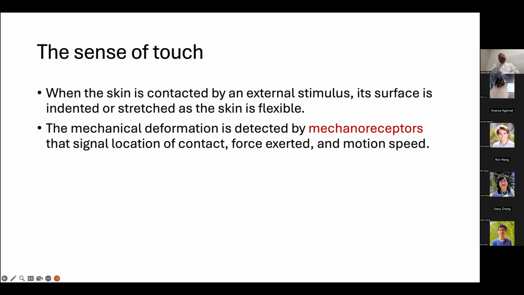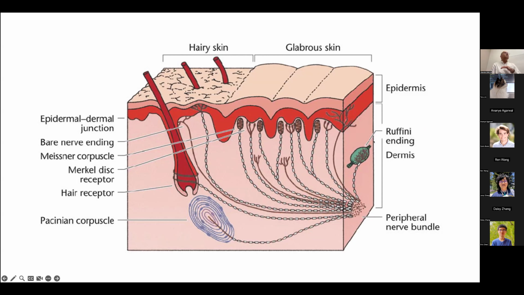Okay, so the Meissner corpuscle and the Merkel disc receptor, the thing you should note is that they are high up. They are pretty close to the skin surface. Then deep down is where you have the Pacinian corpuscle and the Ruffini endings. So these are slightly lower. You can immediately guess what that implies, right?